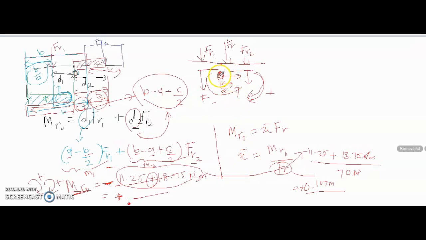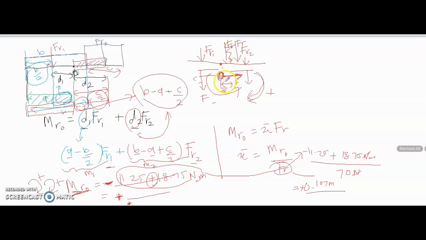Because this is positive, the direction from point O is to the right. Remember that from zero, the right direction is positive, and to the left is negative. So this means that X bar is in the positive direction. So the F resultant is to the right of point O, somewhere here.